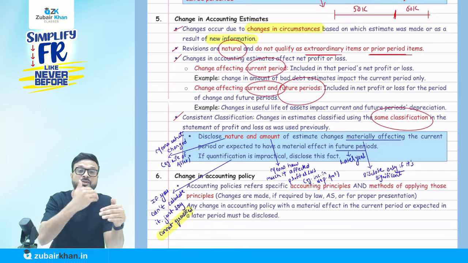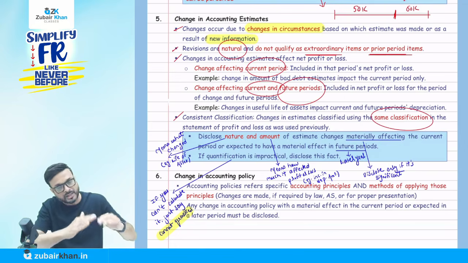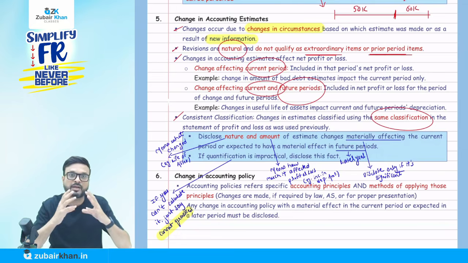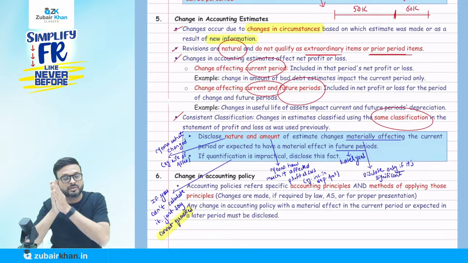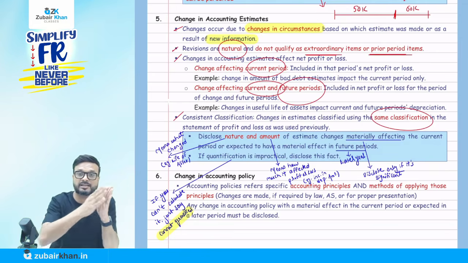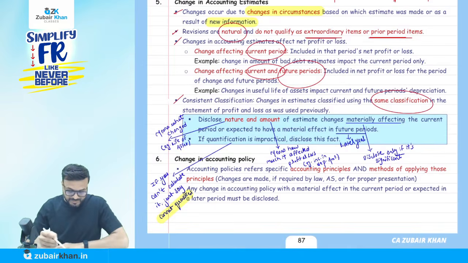The classification should not be changed. For example, if in the past we showed it under administrative expenses, it should remain under administrative expenses. So there is no separate heading for a change in accounting estimate. Whatever classification we made in the past, under the same classification it is going to come in the current period. Okay. Now it says disclosure.